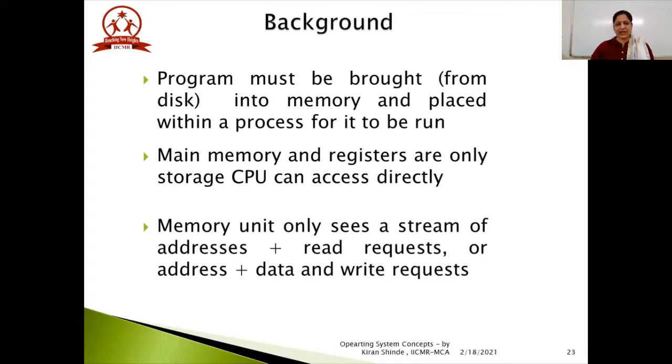What do you mean by this? Whenever the CPU wants to execute a certain instruction, the direct access the CPU can make is with main memory and registers. The registers we have already discussed in my last video lecture. The memory unit only sees a stream of addresses and read requests, or the data and the write requests.